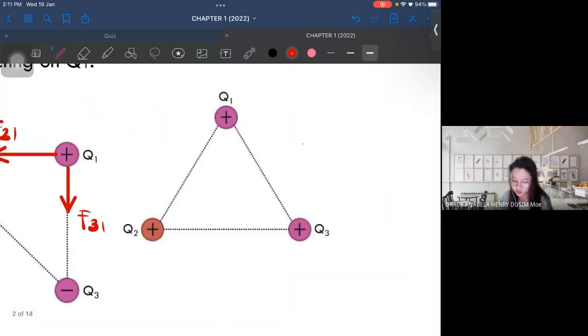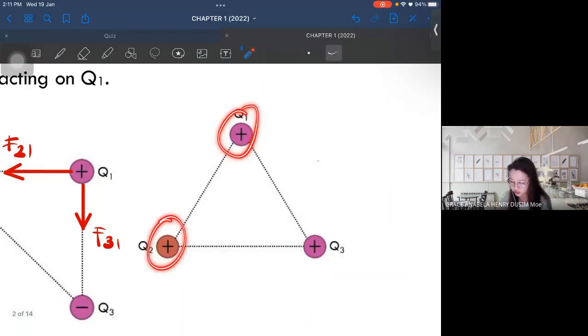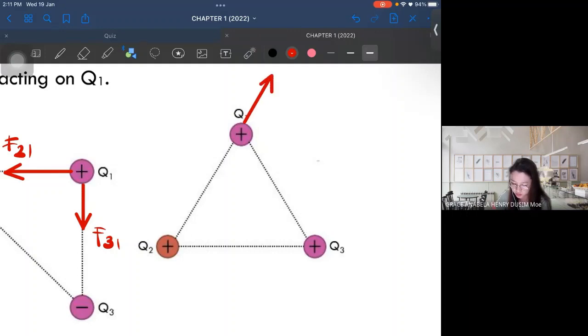And then this one, all of these are like charge, so they will be pointing away from each other. Okay, so this is gonna be pointing here. This is gonna be pointing here. Okay, so this is force by 2 on 1, force by 3 on 1.